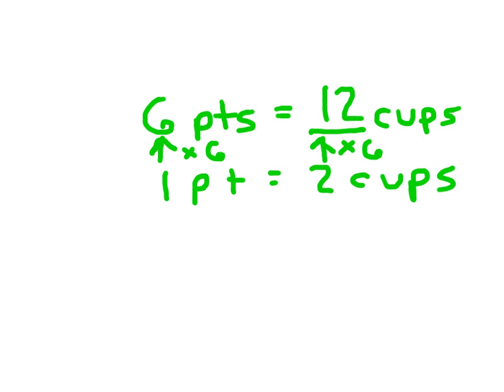Alternatively, I would have known that pints to cups, I just multiply by 2 because of this equation right here. And 6 times 2 does equal 12. In this case, I'm going from something larger to something smaller, so I would need more of those smaller things to equal that larger thing. That's why I multiplied by 2 there, because of this relationship.